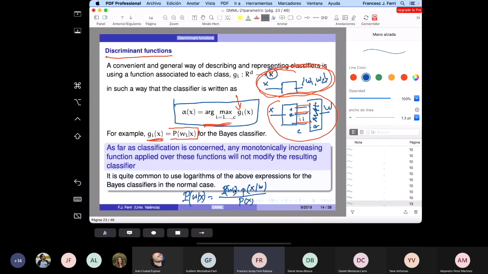This prior depends on i, this conditional depends on i, but p(x) is unconditional. So if instead of the posterior I take the prior times the conditional, this is also a discriminant function of the same classifier, because this term does not depend on the class. So when I take the max, the result would be the same.